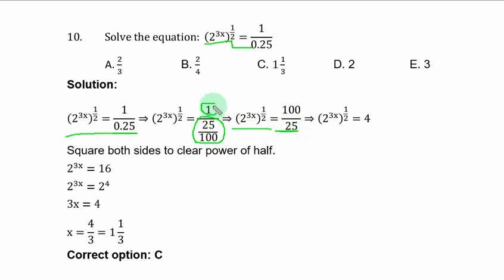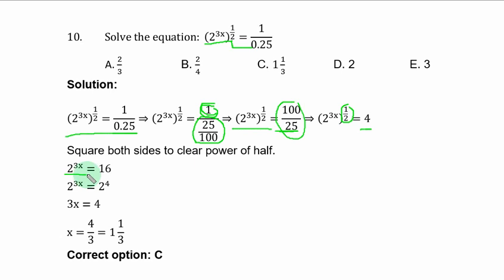You know, this is like an inverse. So the inverse or reciprocal of 25 over 100 is 100 over 25. This simplifies to 4. Now, let us square both sides to clear the power of half. To remove the power of half from here, you need to take the square of both sides. So you have this result.